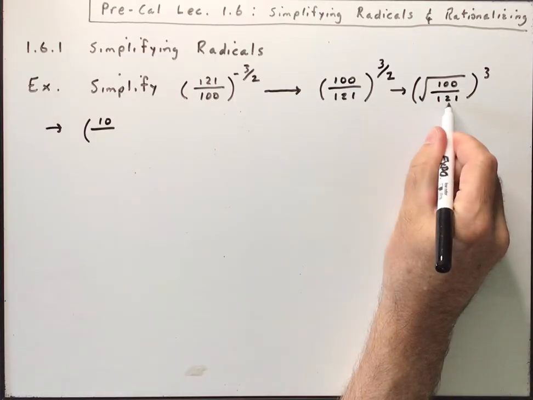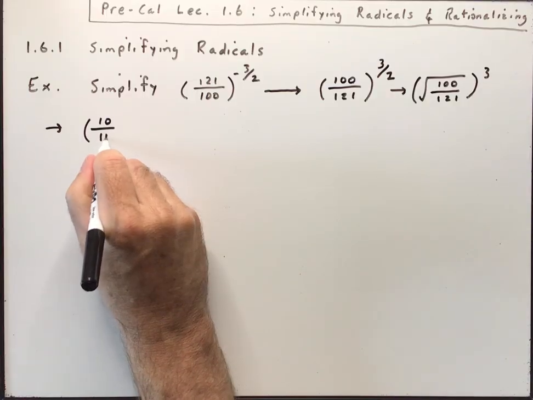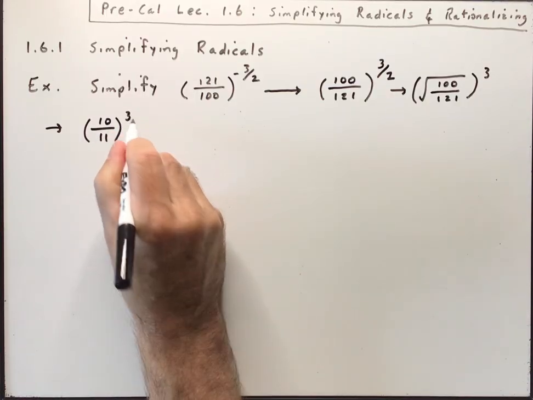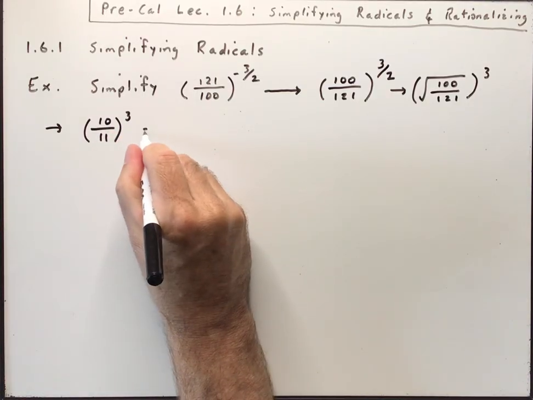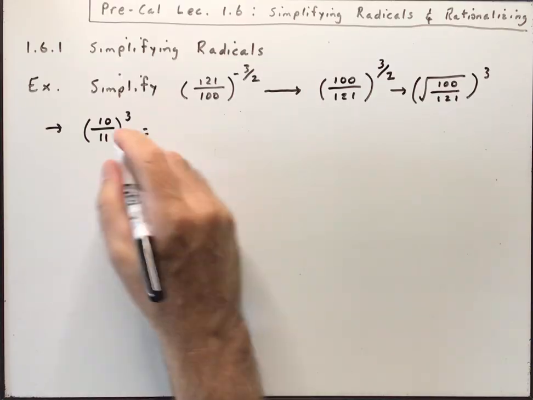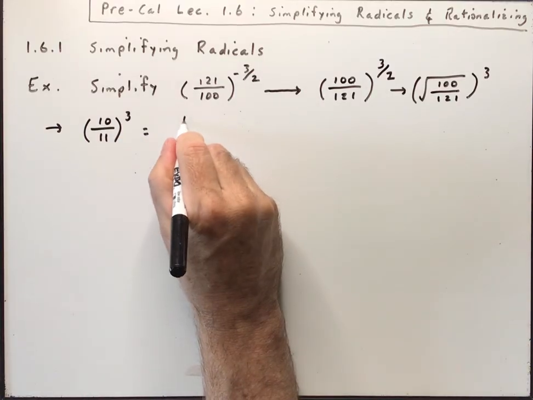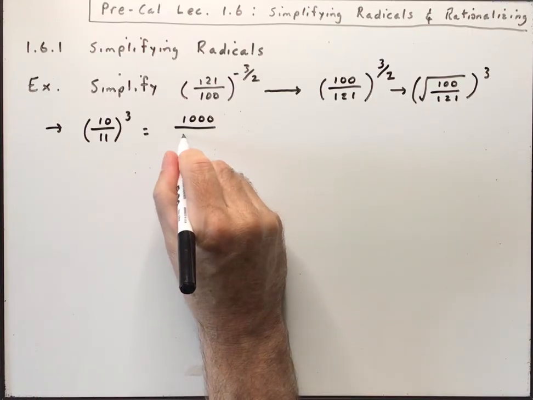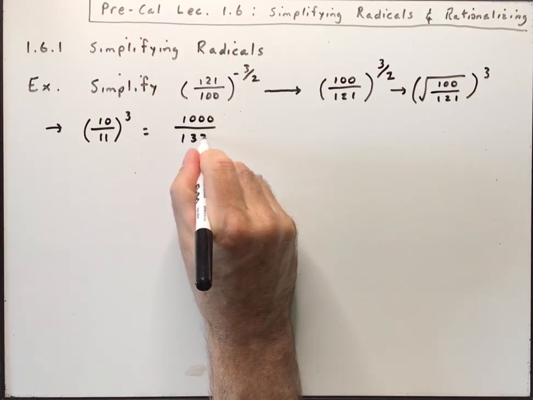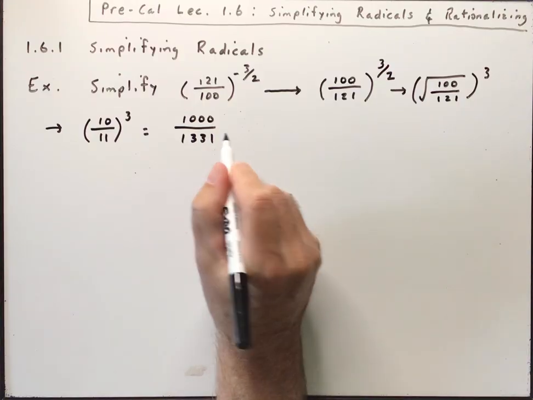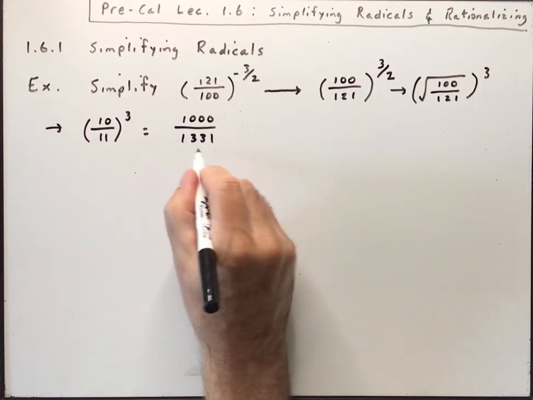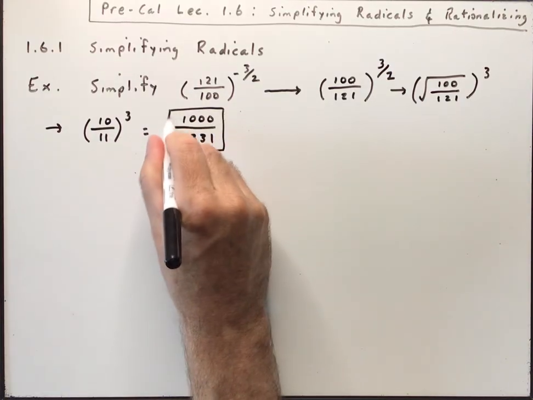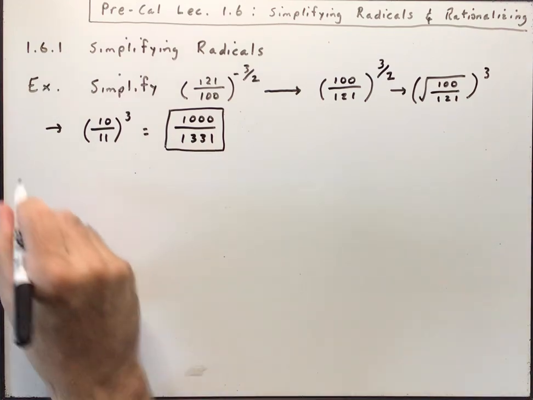What's the square root of 121? That's 11, and then that would be cubed. Hopefully you know that 10 cubed is 1,000, and then 11 cubed, you probably don't have that memorized, but it's 1331. So you can just raise that 11 to the third power in your calculator, and you're good to go.